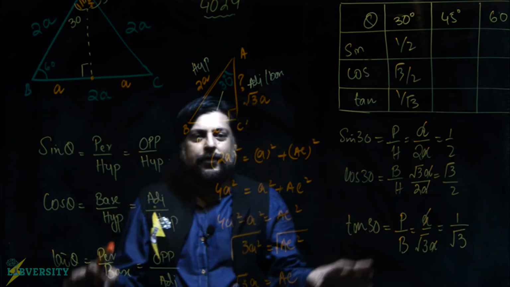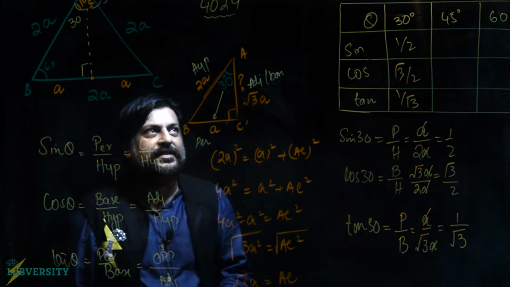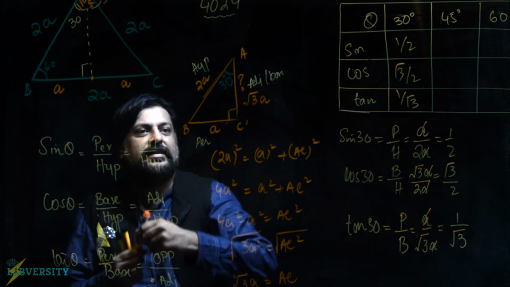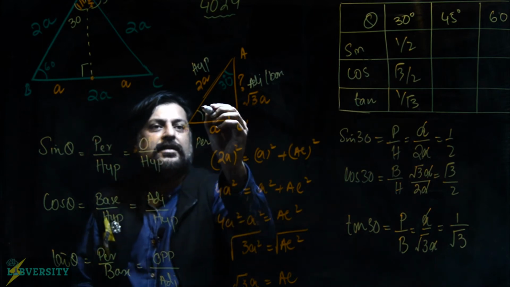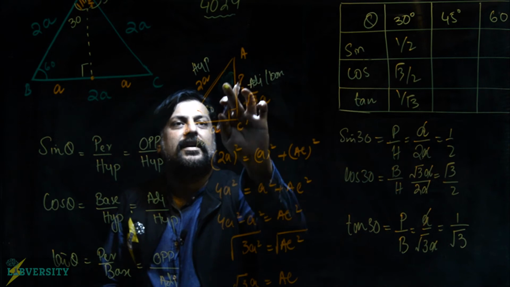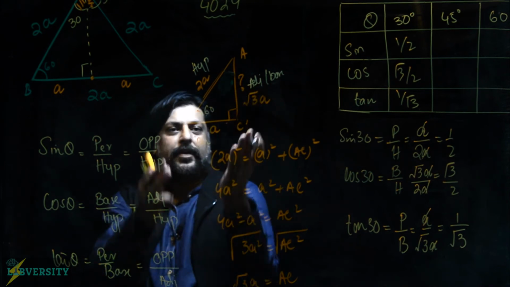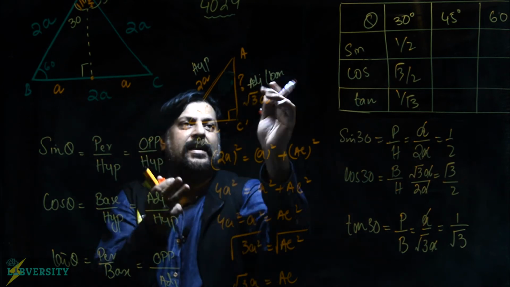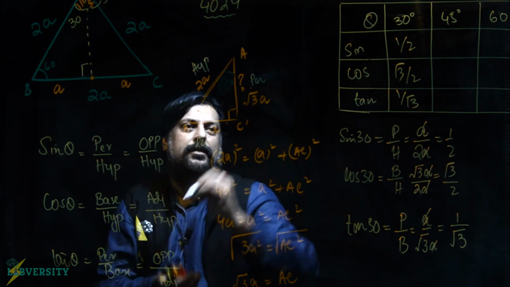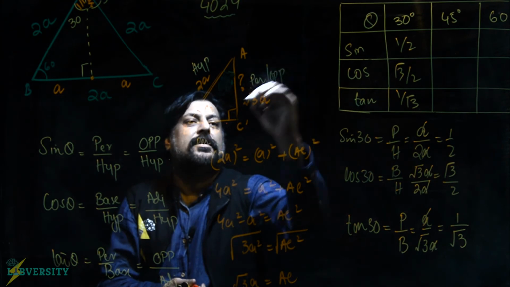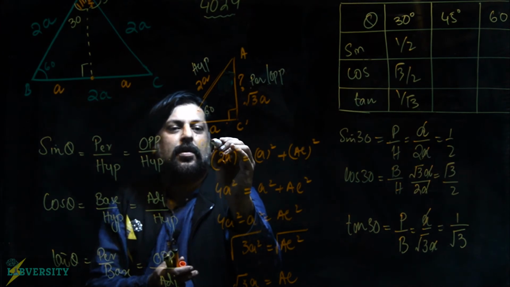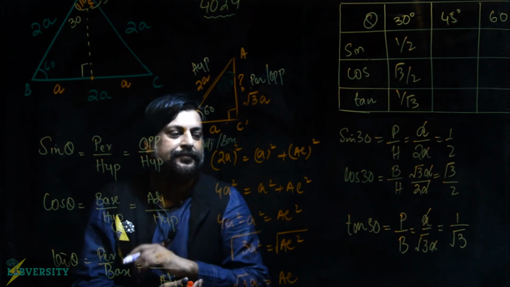Now if we are to find the same thing for 60 degrees, only the angle will change, which means this 60 degree angle is to be considered and this one is not to be considered now. According to this, our angle is 60, so this side is no longer adjacent, it becomes the perpendicular or opposite, and this side becomes adjacent or base.